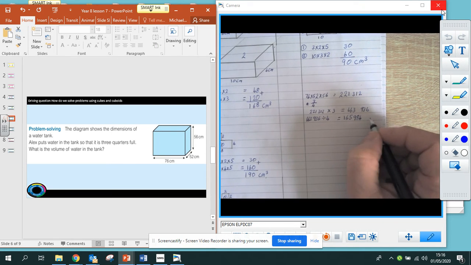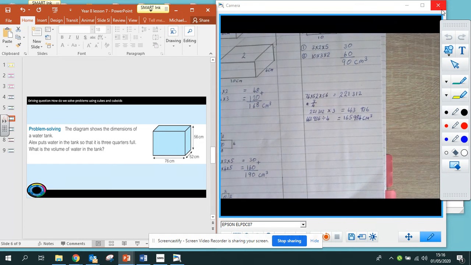And what's the unit? We must always remember the unit. In this case, it's cubic centimeters. And that's my answer. It's quite a big number, but with the calculator, that shouldn't be posing too many problems. Okay, if you need to go through that again, pause the tape, run through it. Otherwise, we'll move on.